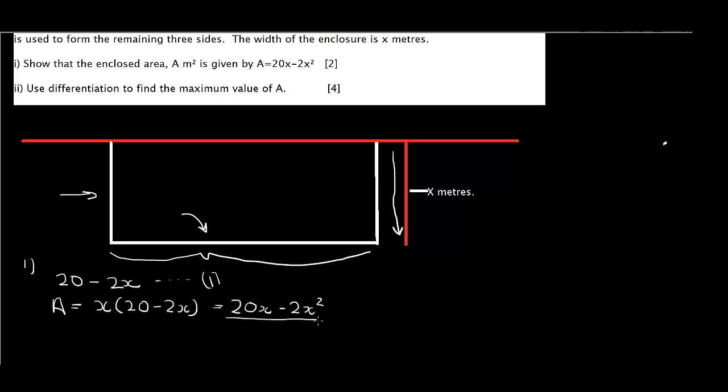So that's the area. If you look at the question again, show that the enclosed area is given by 20x minus 2x squared. We've done that, that's good, so we'll get 2 marks for that.